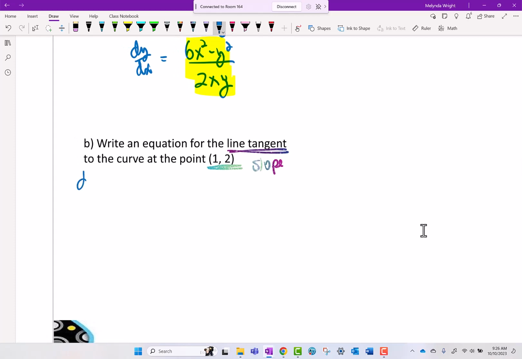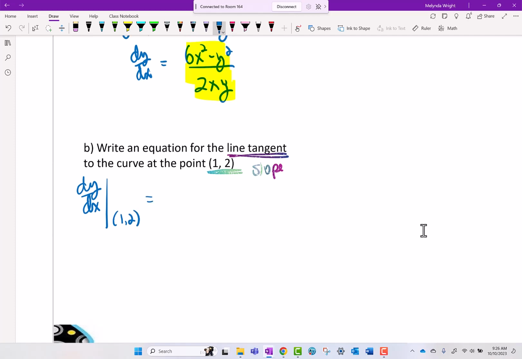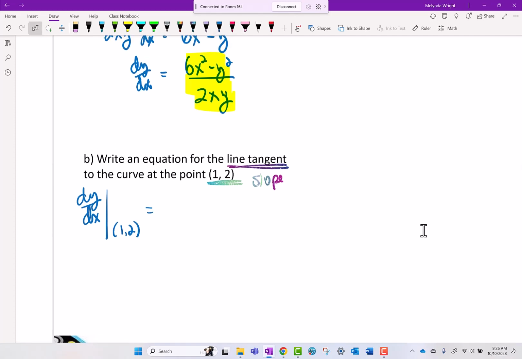So what do I need to do? I need dy/dx at (1, 2), so let's plug those in. That would be 6 times 1 squared minus 2 squared over 2 times 1 times 2. So I just took the derivative that I found up above, which they listed for me. Why do you think they listed it? Because they don't want us to make a mistake, right?